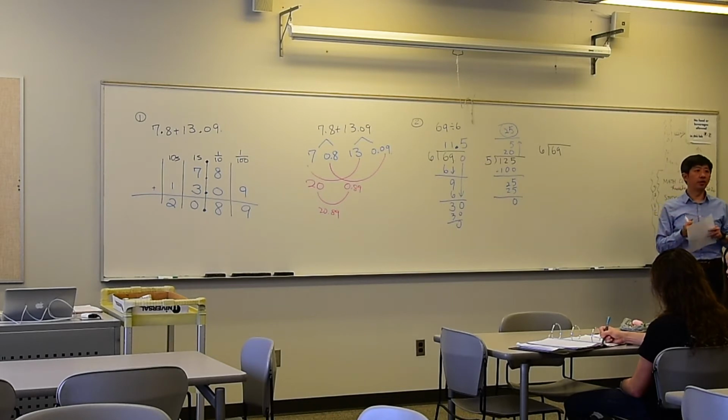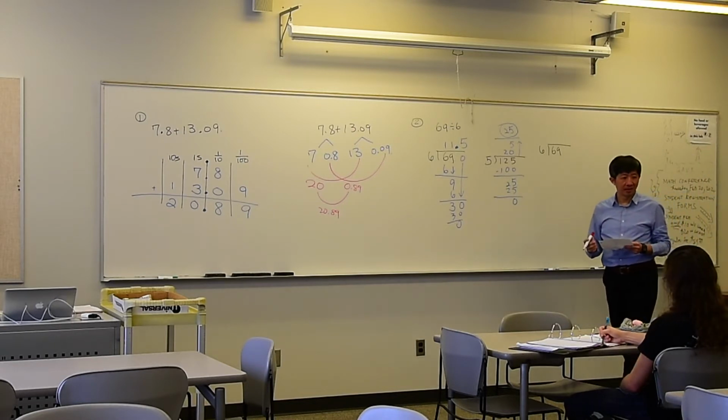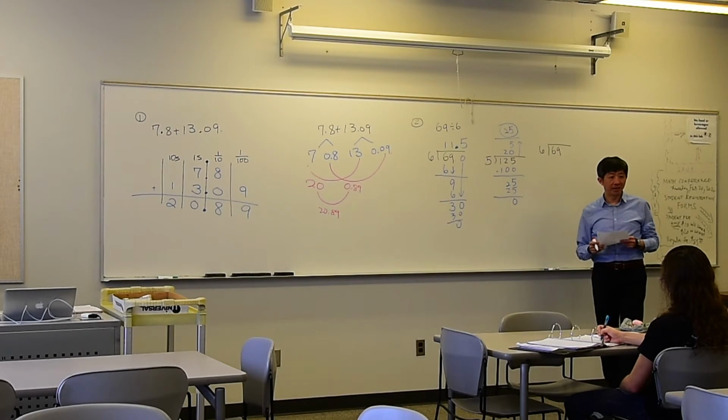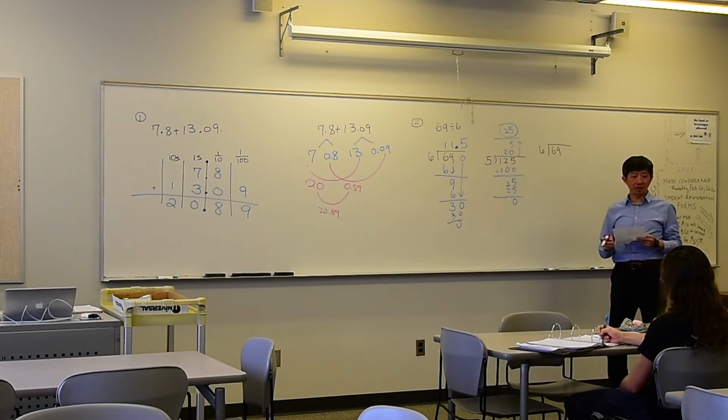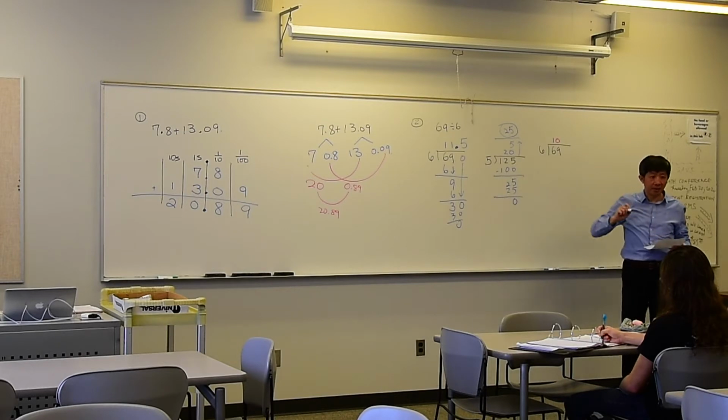So this time you are looking different, right? You don't take 6 times 1, right? Instead, 6 times how many? 10. Yes. You could take 11? Yeah. But you have to take 10 first, right?